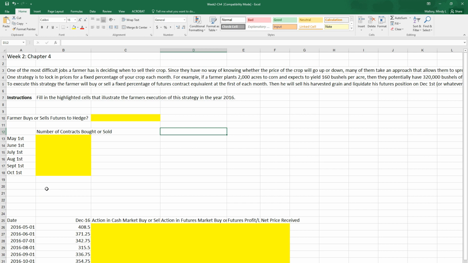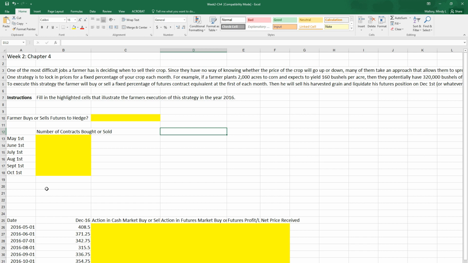So the setup is this. The farmer's going to plant 2,000 acres to corn, and he expects to get a yield of 160 bushels per acre. So potentially he's got 320,000 bushels of corn to hedge, and that's equivalent to 64 futures contracts.